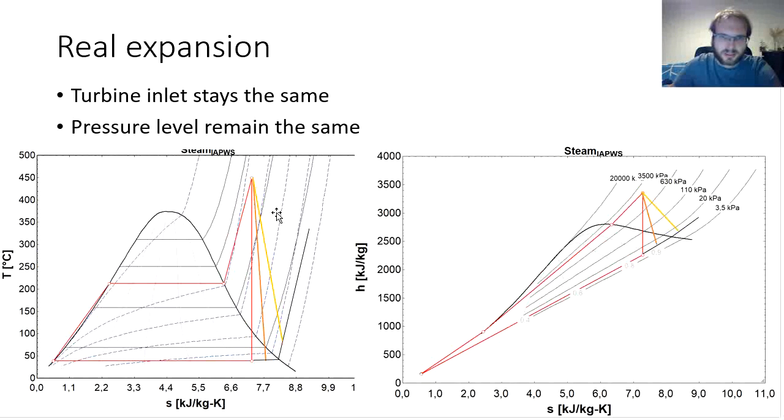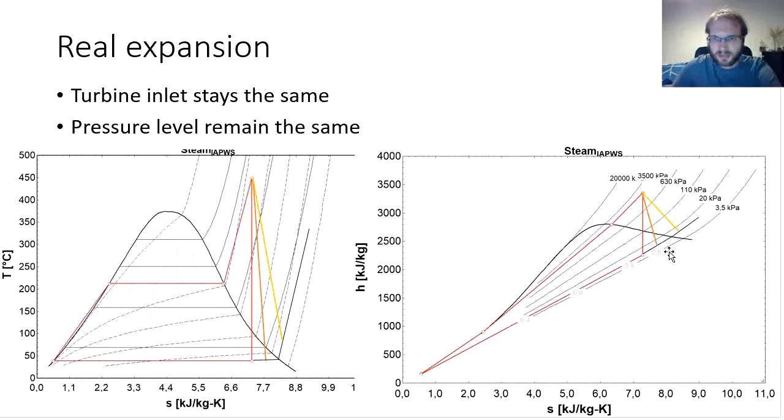So therefore the entropy rises during this expansion. The expansion line is no more vertical, but it is inclined slightly to the right, as we can see here. And in an extreme case of very low efficiency, the expansion might actually end up even in superheated steam, still at the same isobar.